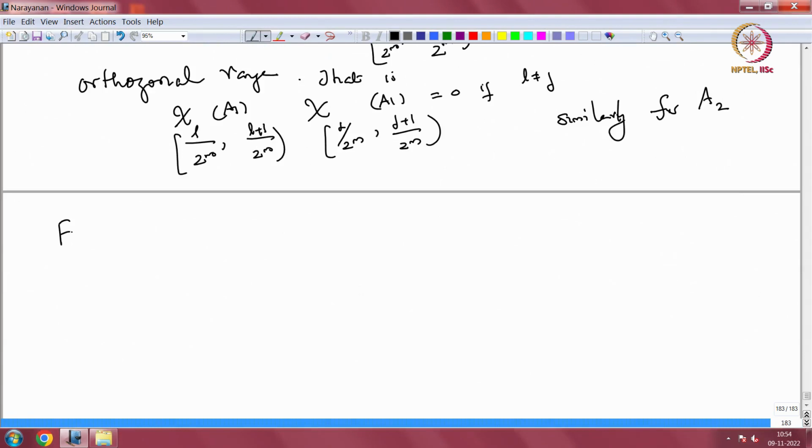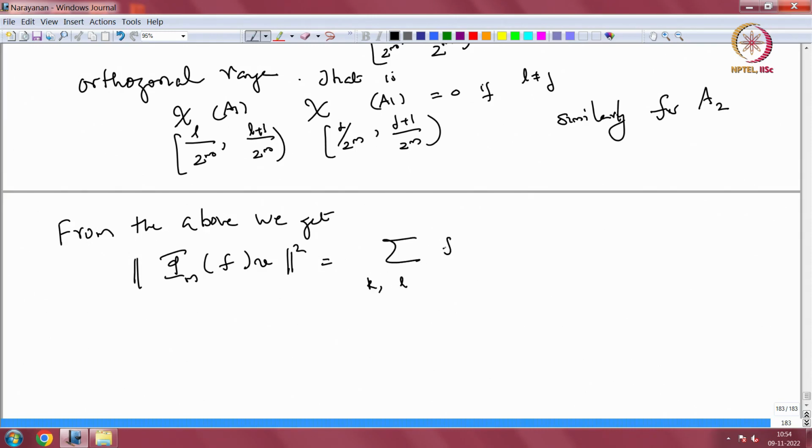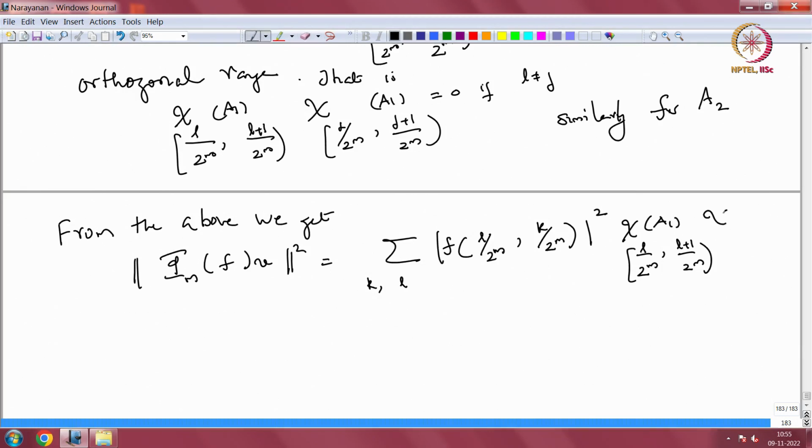We get that phi m f v, in the L 2 norm, the Hilbert space norm square, will simply be the sum over k and L of f of L by 2 to the m, k by 2 to the m, modulus square, times chi of L by 2 to the m, L plus 1 by 2 to the m, A 1, and similarly the other one with A 2, the interval k by 2 to the m, k plus 1 by 2 to the m, acting on v.